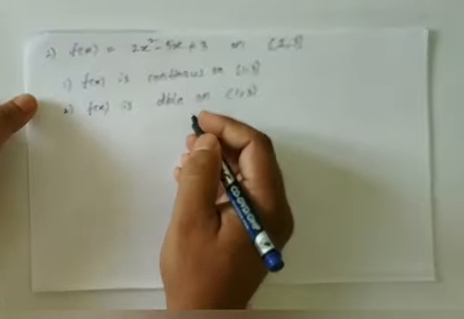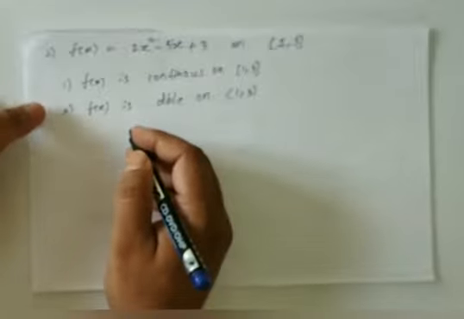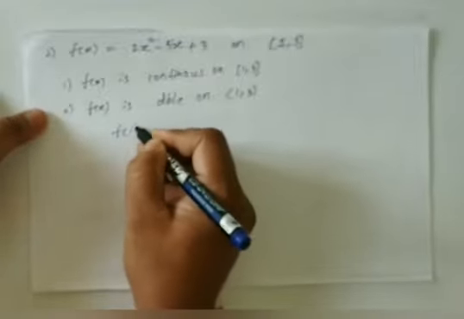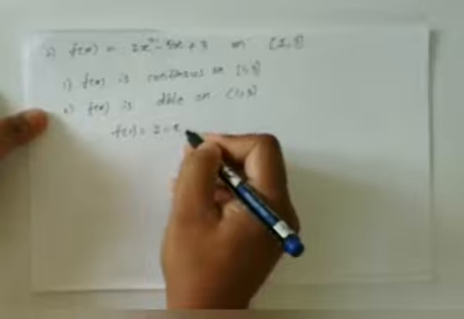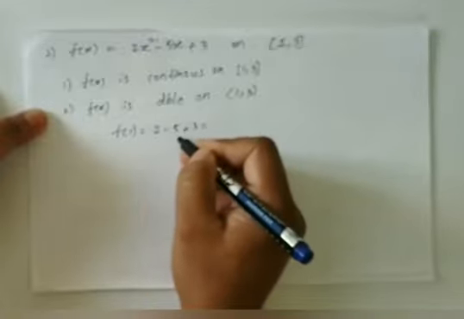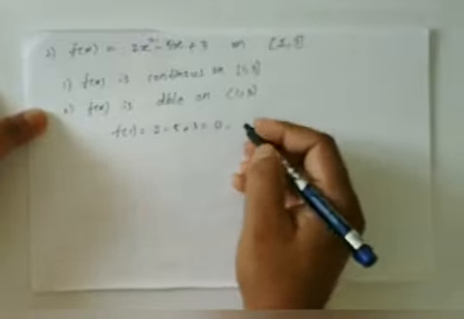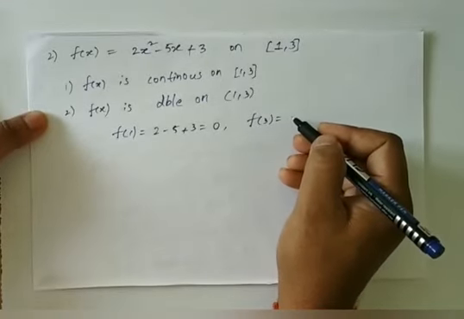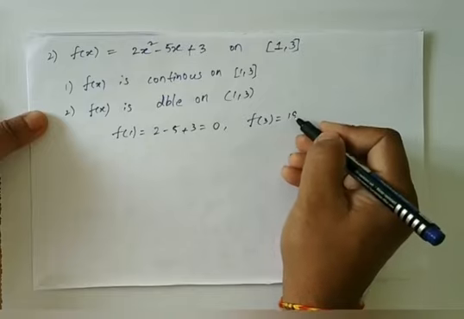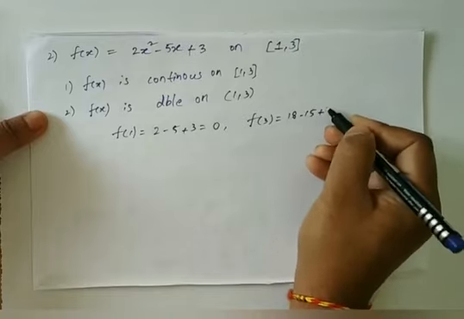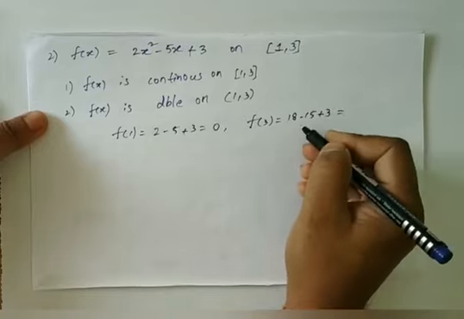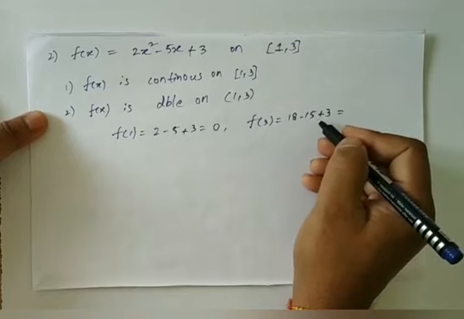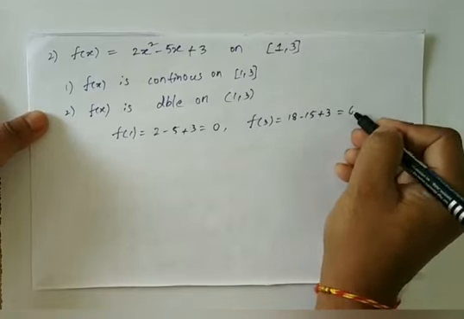Now let us check the third condition. f of 1 is nothing but 2 minus 5 plus 3, that is minus 3 plus 3, 0. Next, f of 3 is nothing but 9 into 2, 18 minus 15 plus 3, that is 3 plus 3, 6.